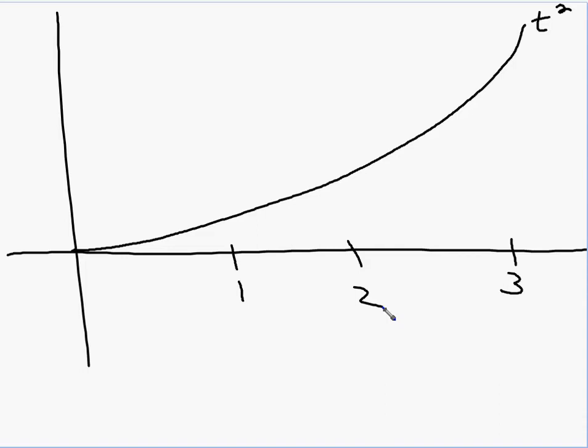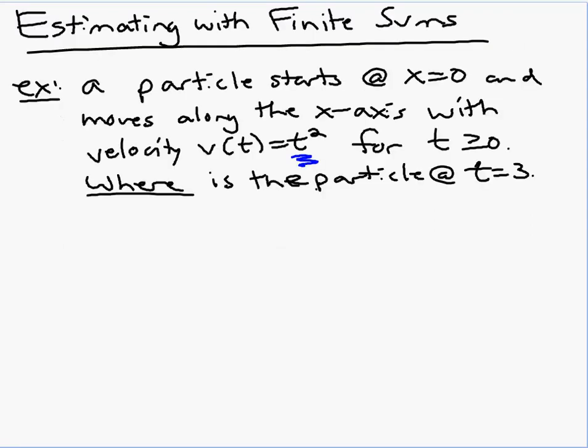Well, unfortunately, my velocity function is changing. It's not a constant. So what we're going to do is break this into some rectangles, and didn't I say that this was estimating? See this word right here? That's very important.